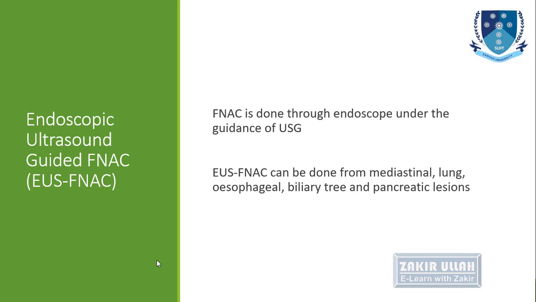So this procedure is performed for any lesion present in or near the alimentary tract, or in the respiratory airways. For masses present in this area, endoscopic ultrasound guided FNAC is preferred.